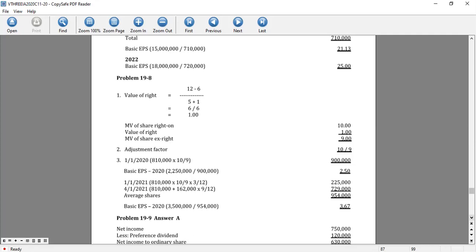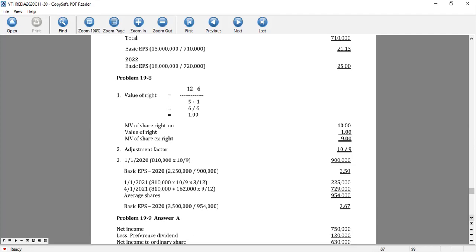So in number 3, compute the basic earnings per share for 2020 and 2021. In January 1, 2020, we have 810,000.